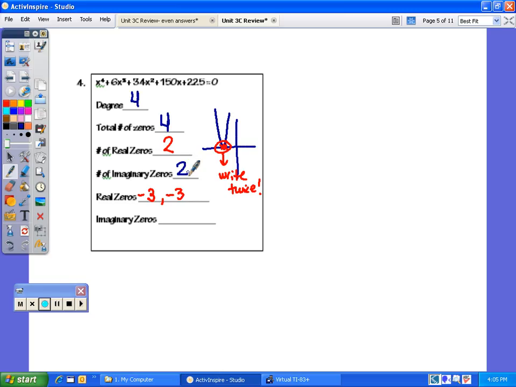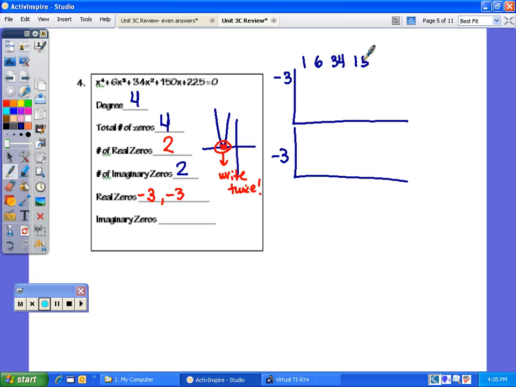So I'm going to do synthetic division twice using negative 3 both times. Okay, my coefficients are 1, 6, 34, 150, and 225. So now just work it out.